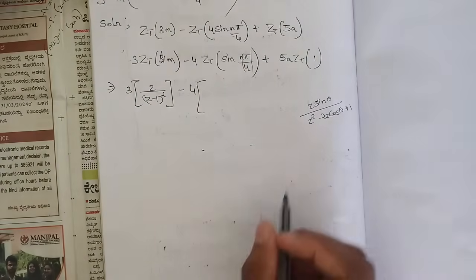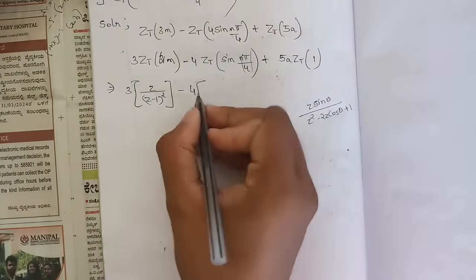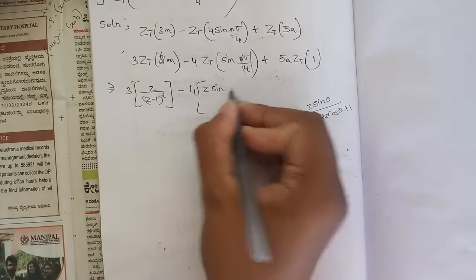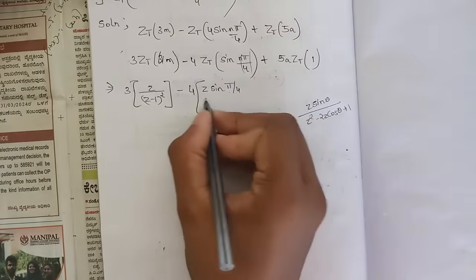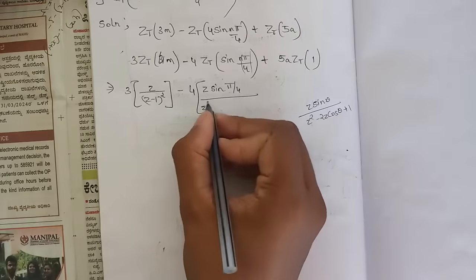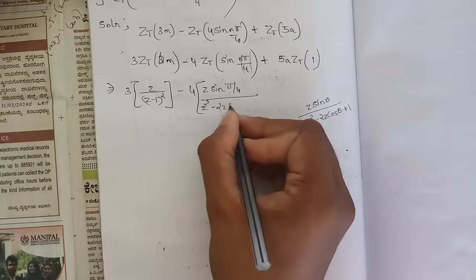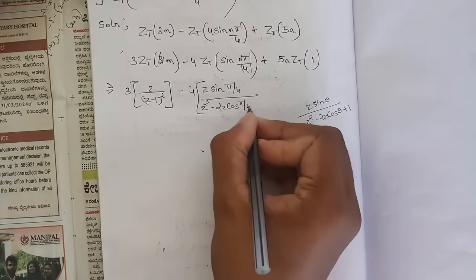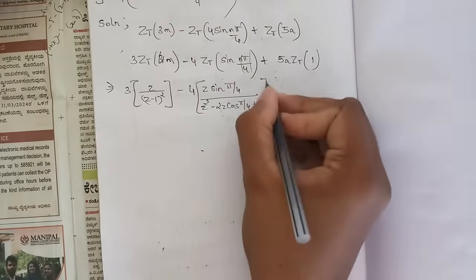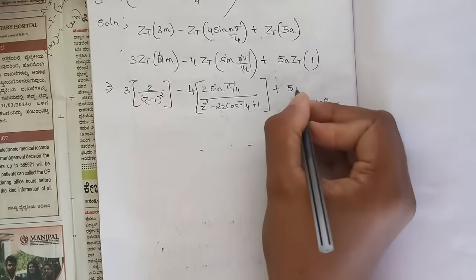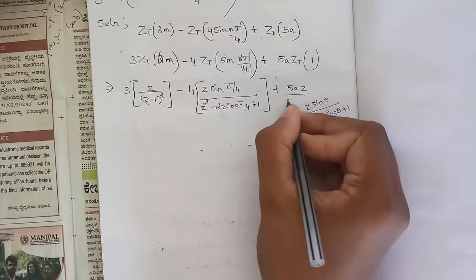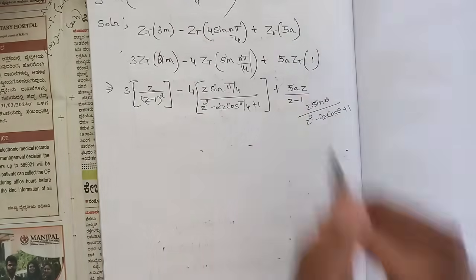So now let's write this. So this becomes z sine pi by 4 divided by z square minus 2z cos pi by 4 plus 1, plus 5a z divided by z minus 1, the Z transform of 1.